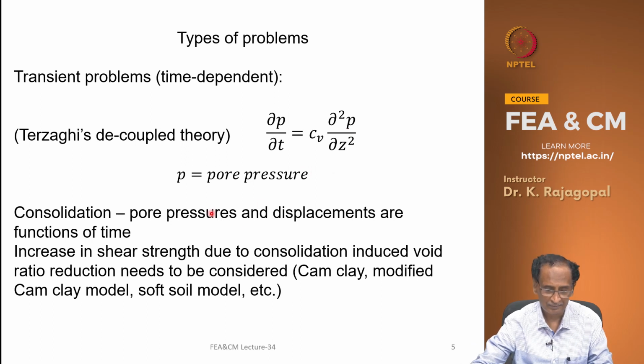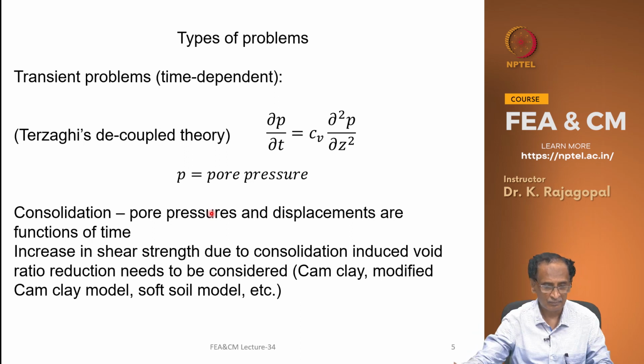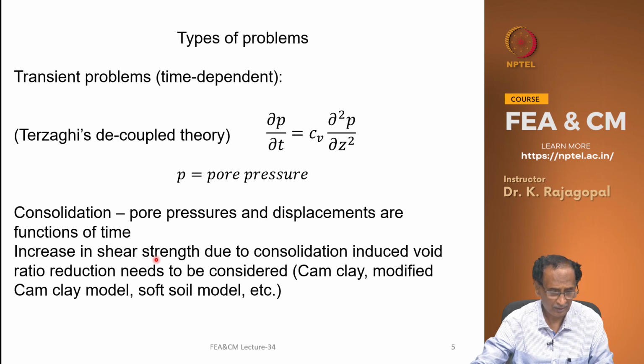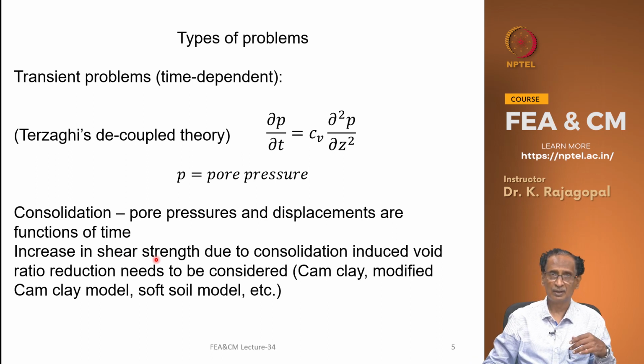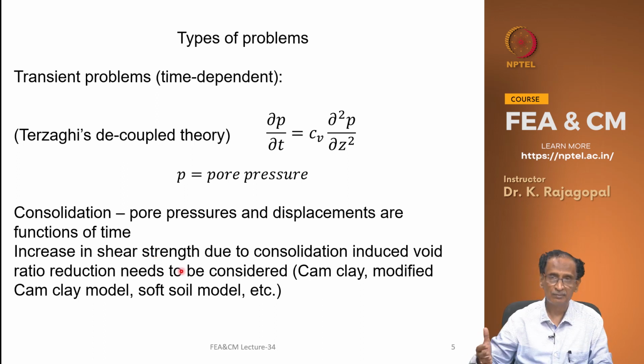But in finite element analysis, we can consider both the displacements and pore pressures by considering other types of consolidation theory. And whenever we are doing the consolidation analysis, we should also look at the increase in the shear strength of the soil because of the consolidation induced compression that leads to a decrease in the void ratio.